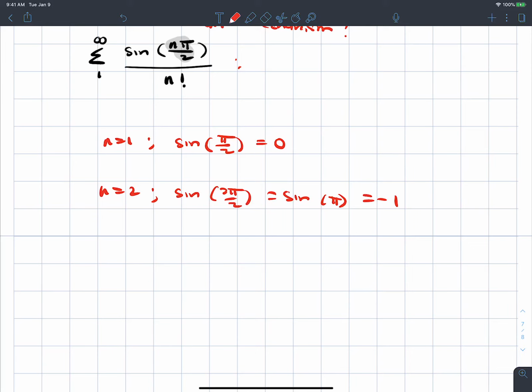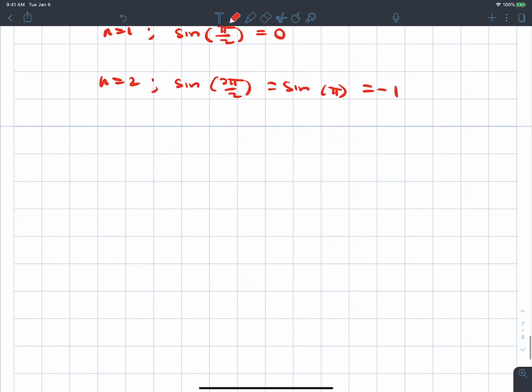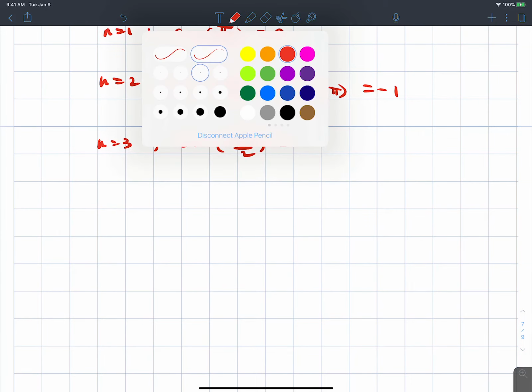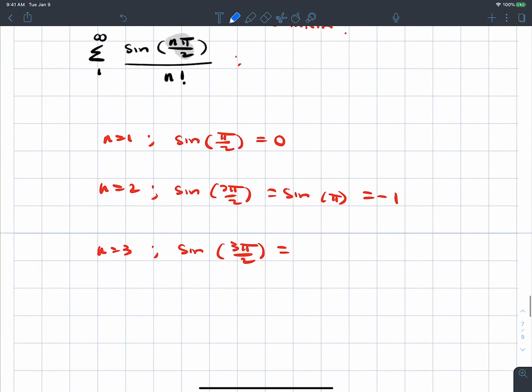Well, that value is negative 1. Yeah, let's double check. When n is 3, we get sine of 3 pi over 2, which is sine of 270 degrees. So we got pi, 2 pi, 3 pi. Right? If you want, take a look at the sine curve.